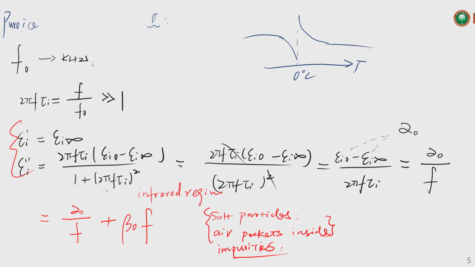There may be some soil particles, sand particles, or other things inside of the ice. So it's also going to change the actual measured or calculated values of the dielectric properties.